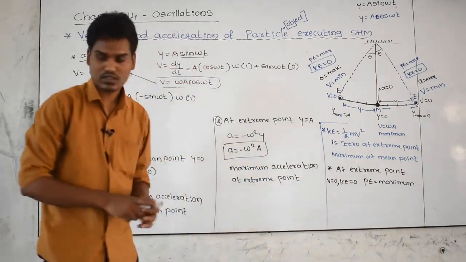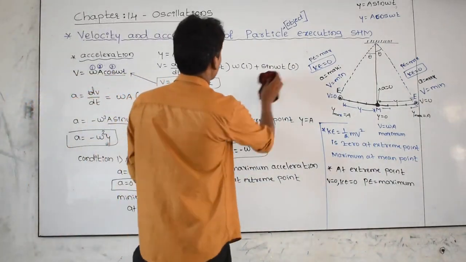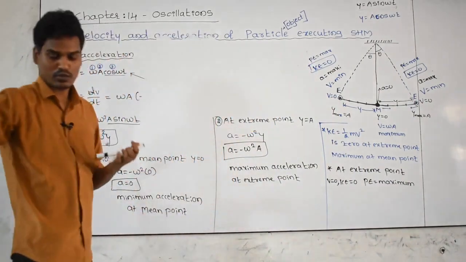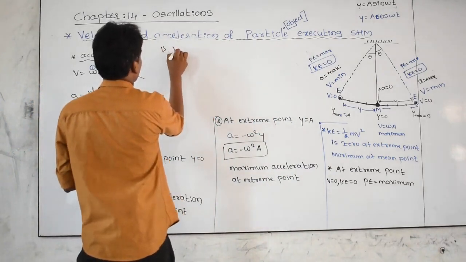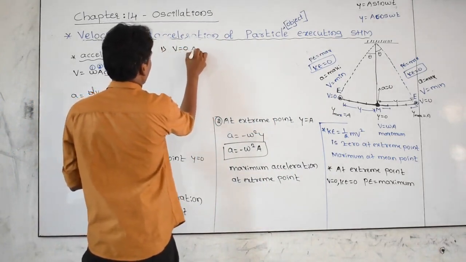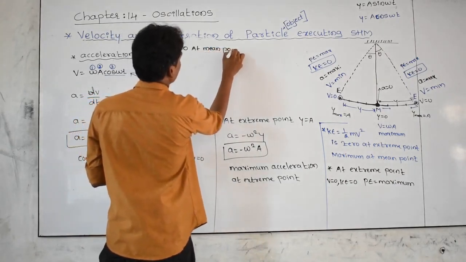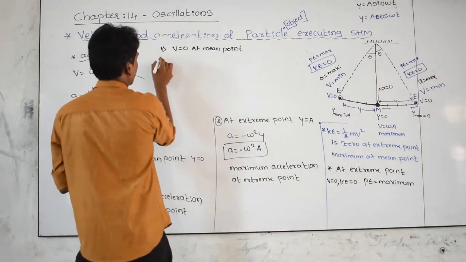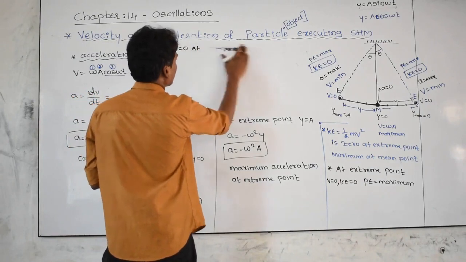Therefore remember these conditions. Now I am going to give those conditions. What are those conditions? You remember all. The first condition: velocity is equal to 0 at extreme point.